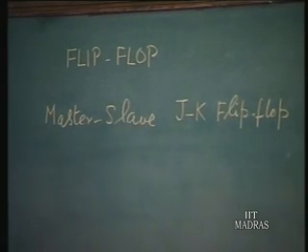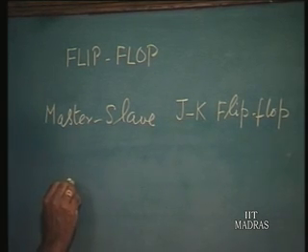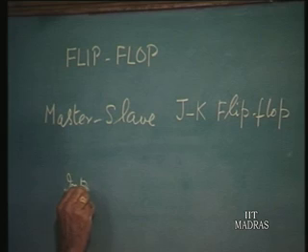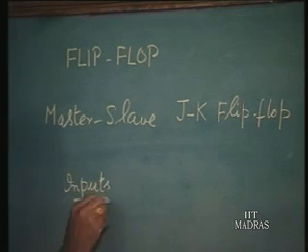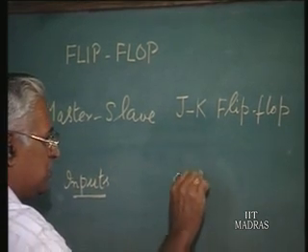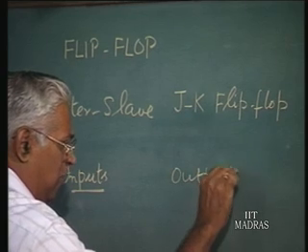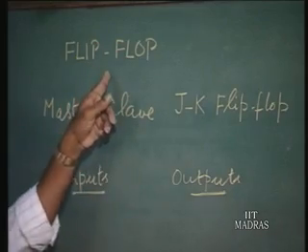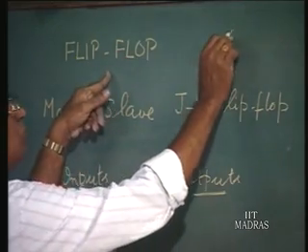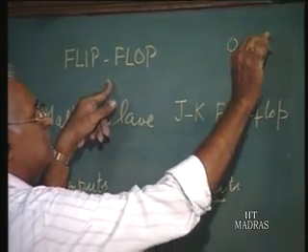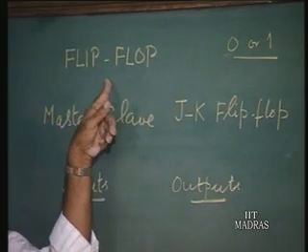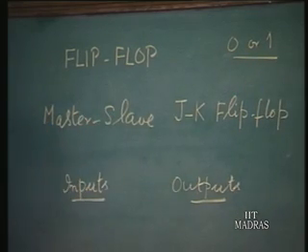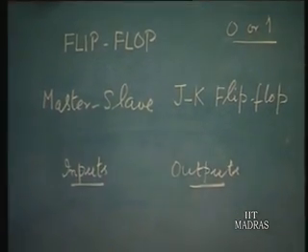Now J and K are the actual inputs. So let us just take a look at the set of inputs and the outputs that the flip-flop must generate. Since I said essentially a flip-flop contains either 0 or 1, the output must be just one of these.